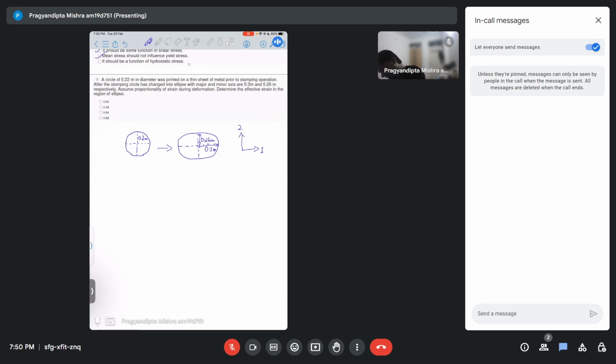So epsilon 1 is equal to ln of 0.3 divided by 0.2, and epsilon 2 is equal to ln of 0.26 divided by 0.2. So let's calculate both the values.